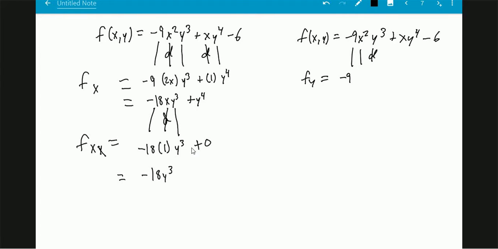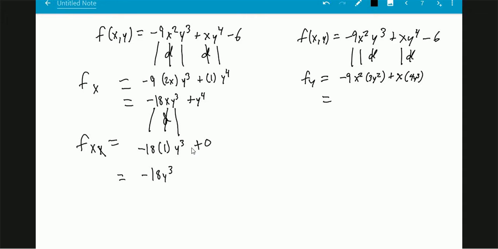So negative 9 comes down, x squared comes down, the derivative of y cubed is 3y squared. Next term, you got x and y to the fourth. I'm only doing the derivative of y's. X comes down, the derivative of y to the fourth is 4y cubed. And our last term will be 0 because the derivative of any number is 0.